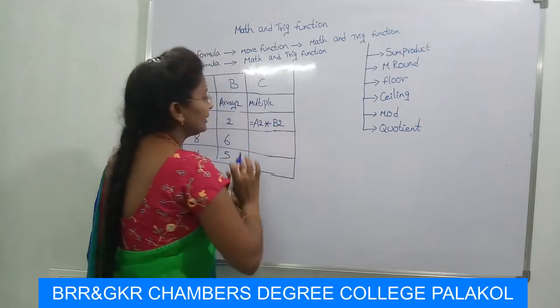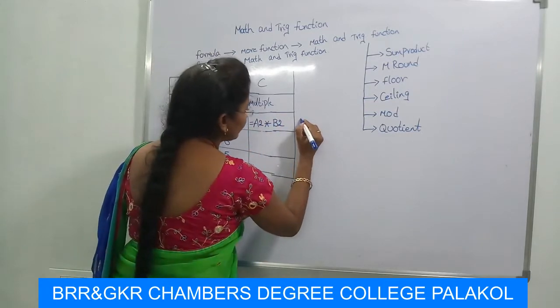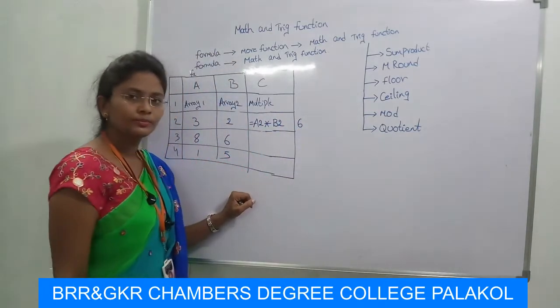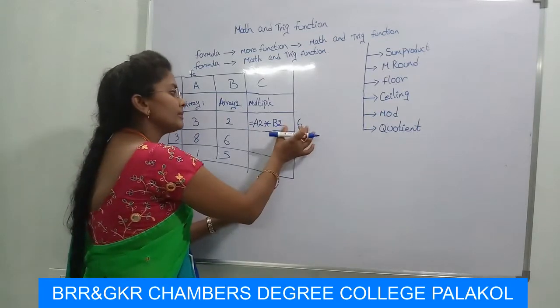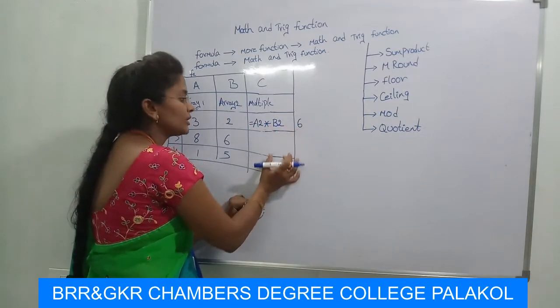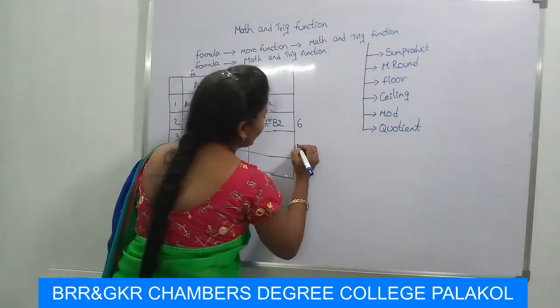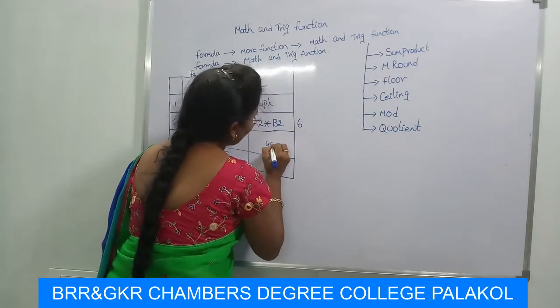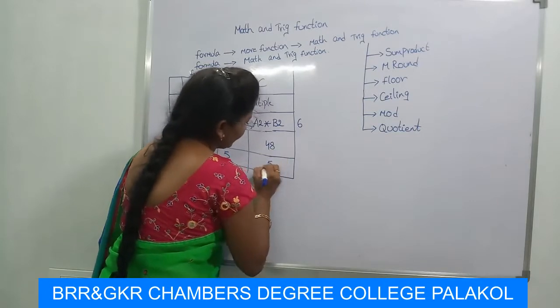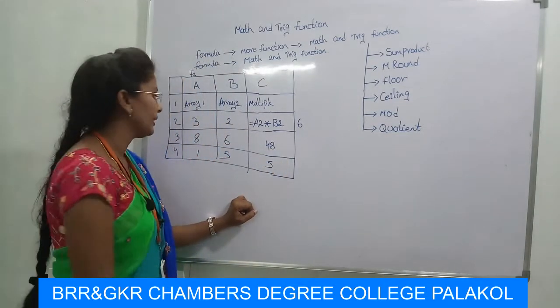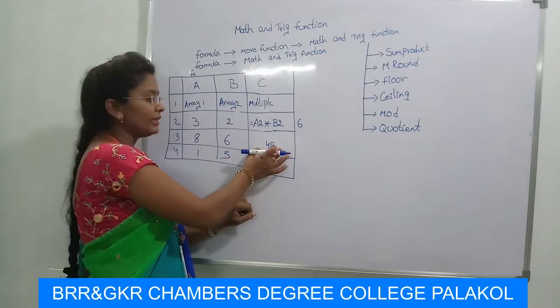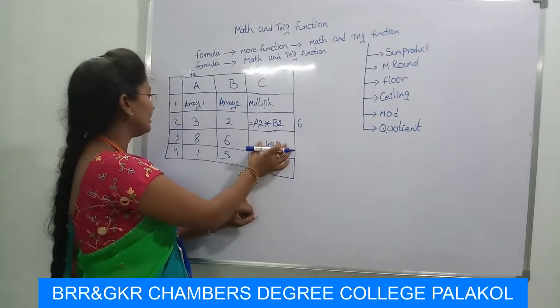Then the result is in C. Click this cell and drag towards the downward direction. When you are dragging downward, the formula is copied and pasted in the remaining cells. Then automatically it will be multiplied and show the result in the C3 cell and C4 cell.